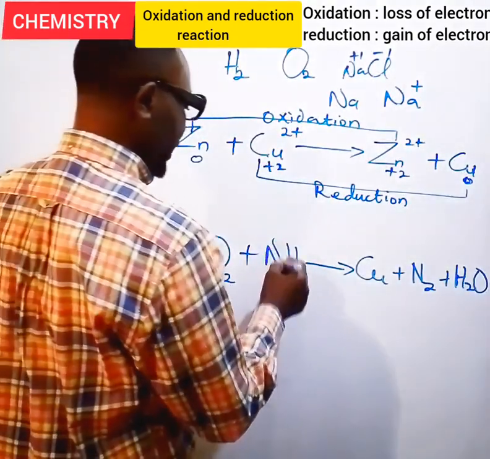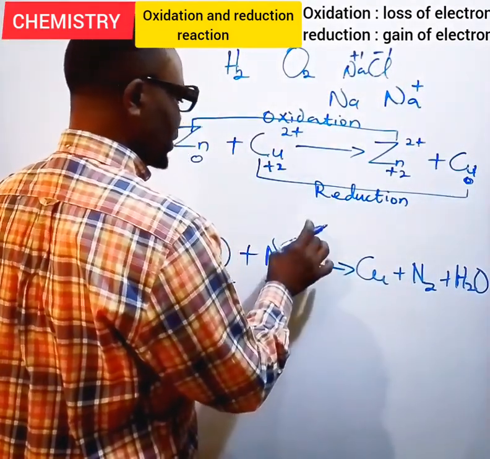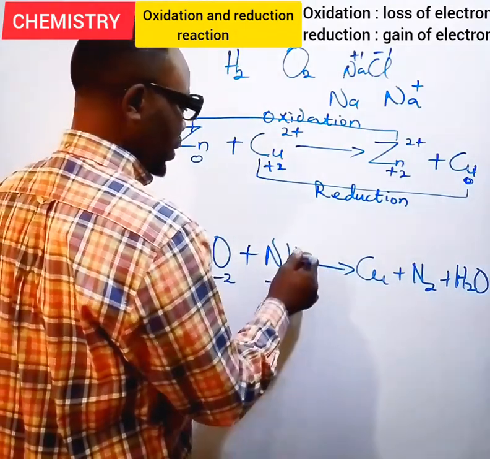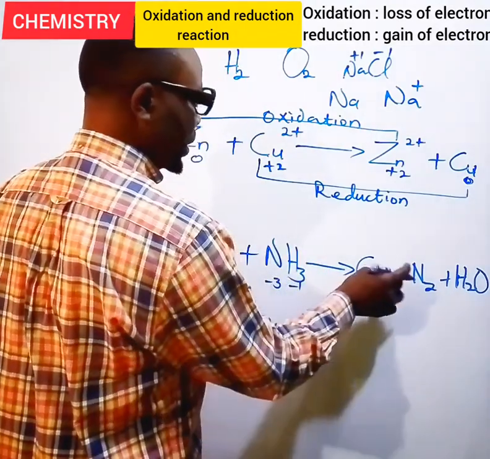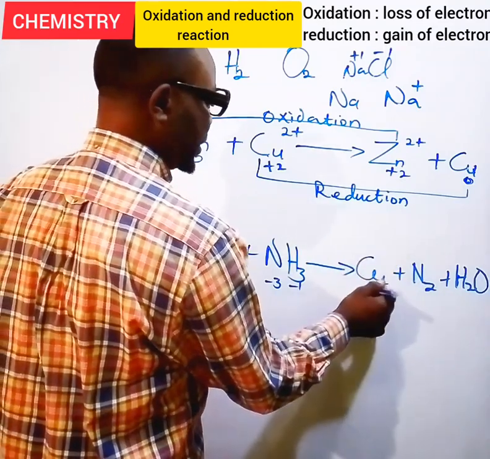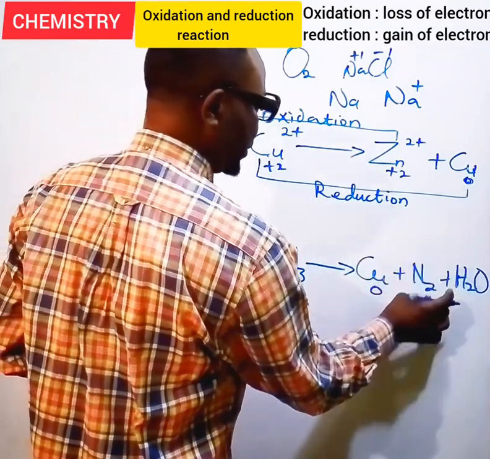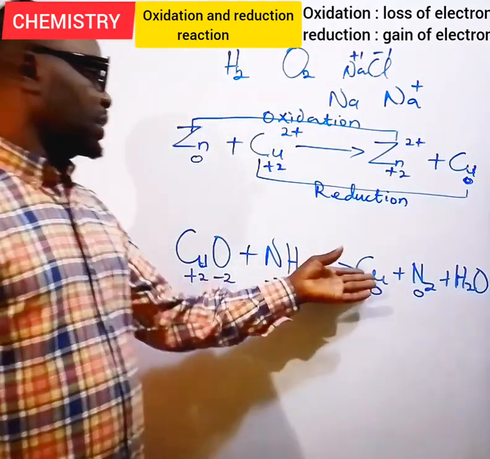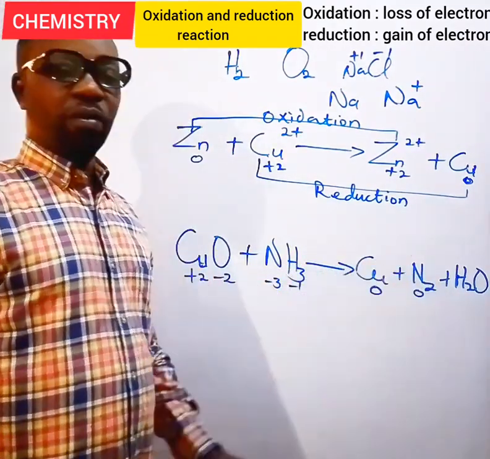Oxidation number of nitrogen here is -3. That is why it needs to be reacted with 3 hydrogen. So the oxidation number of hydrogen here is +1. Oxidation number of copper here is 0, while that of nitrogen here is also 0. You can see that this is in their neutral atom form.